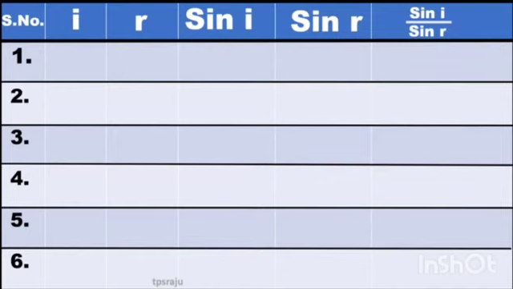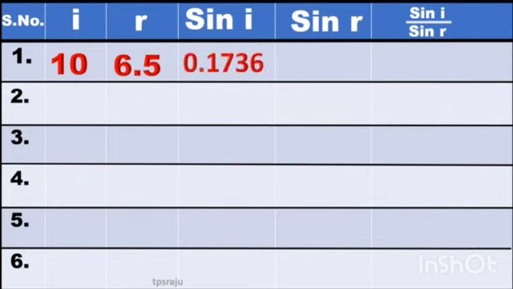Okay, now we have some values of angle i and angle r. Note these values in the given table and calculate sin i by sin r. In the first attempt, angle i equal to 10 degrees, then angle r equal to 6.5 degrees.